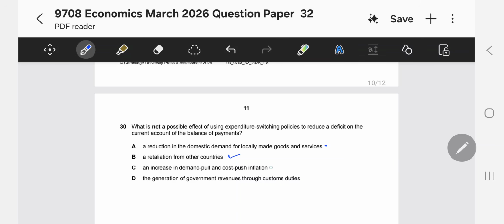So cost push inflation there could be something true. And then D, the generation of government revenues through customs duties. Of course, we're going to have a tariff, for example, and so government revenue is going to be collected. So the one that I think is not a possible effect is question 30.